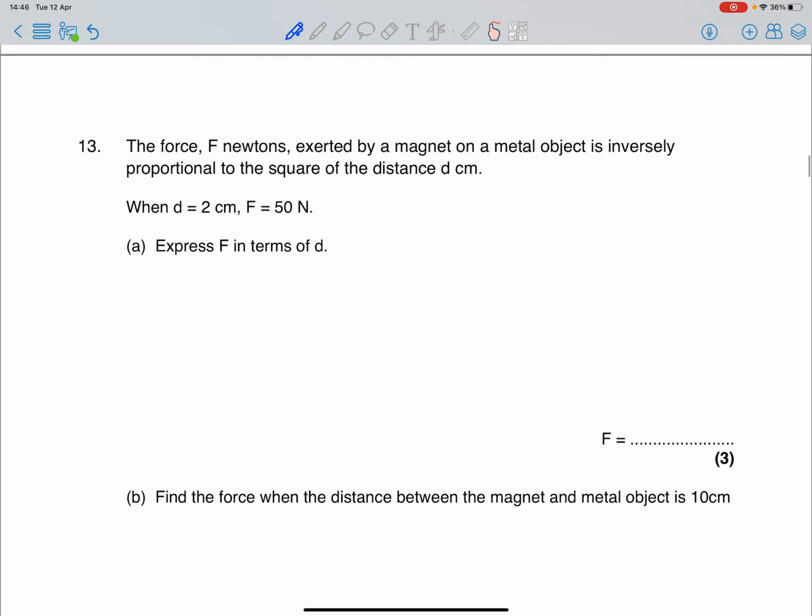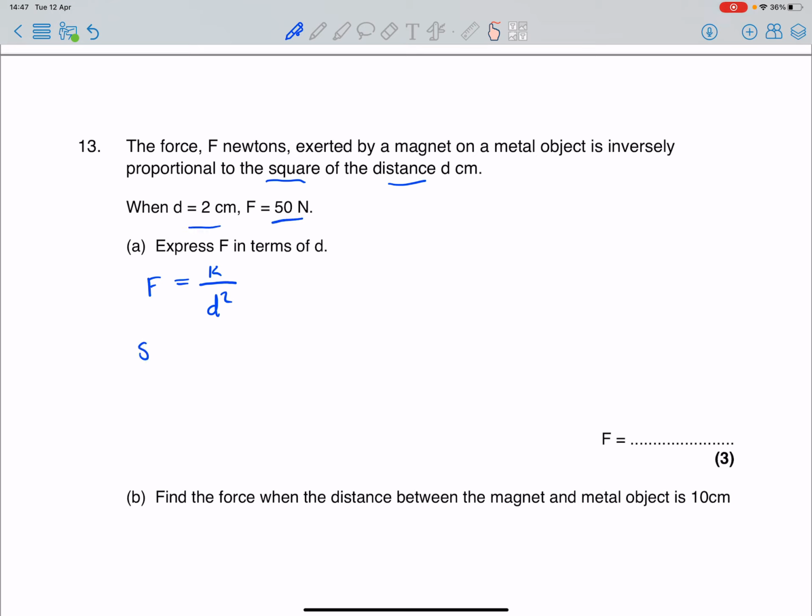Another proportion question. The force F newtons exerted by a magnet on a metal object is inversely proportional to the square of the distance. So inversely proportional means this time F equals K, not times, but divided by or over the square of the distance, so d squared. Okay, and we also know that when d equals 2, F equals 50.